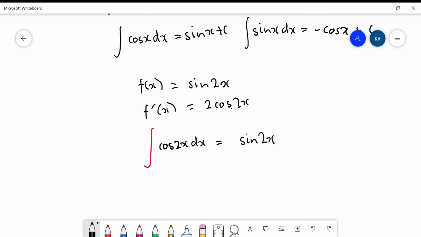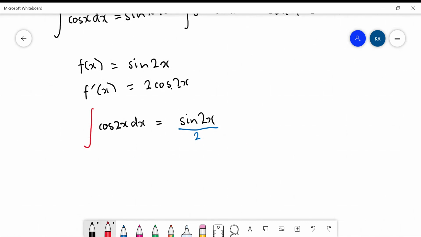But one thing we should pay attention to is when we differentiated, we took the coefficient there and multiplied. We took it out and multiplied. So now when you integrate, you do the reverse. This is where you take it out and divide. So you have cos 2x, it becomes sine 2x divided by 2.